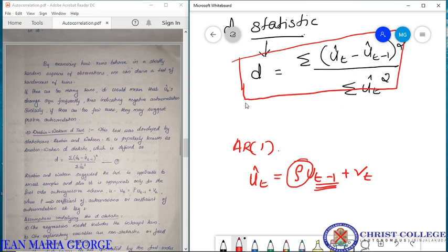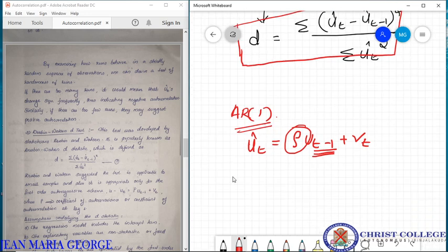Since it is following autoregressive with first order, 1 lag will be there. So the error term is redefined as rho u t minus 1 plus another error term v t, and rho is called the coefficient of autocorrelation or coefficient of autocovariance.